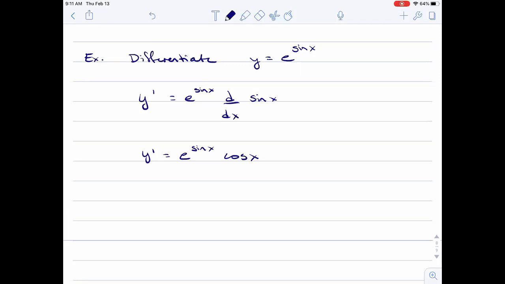Let's talk about how we differentiate an exponential function.